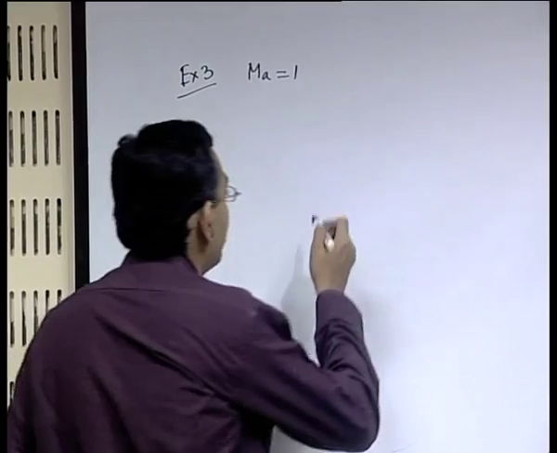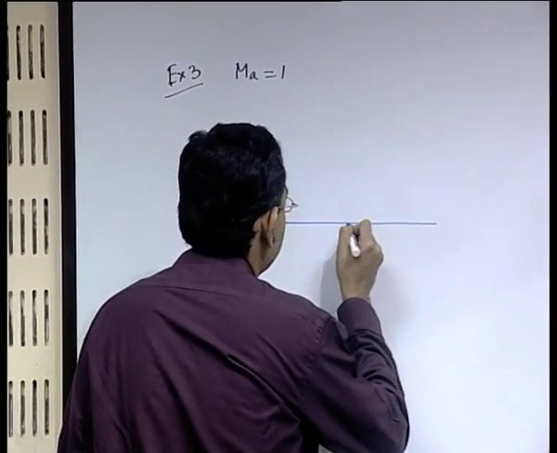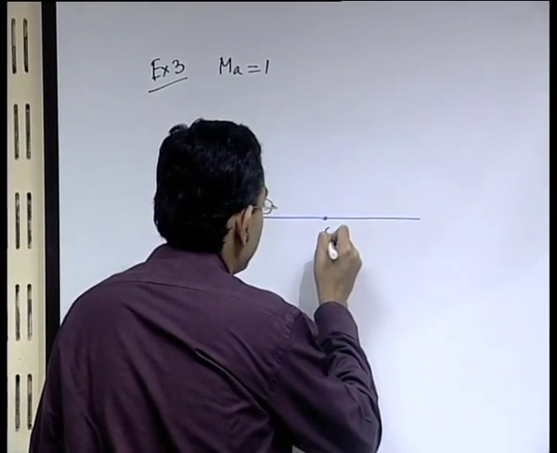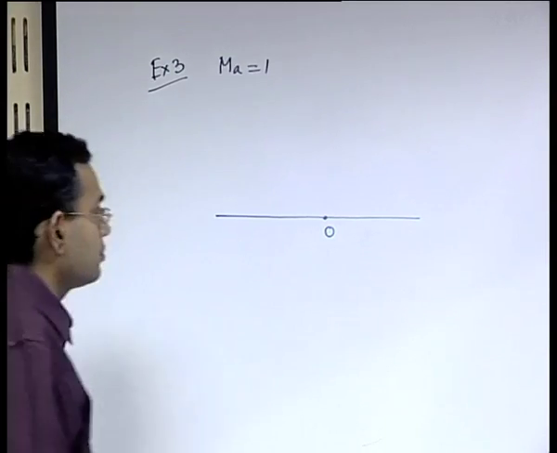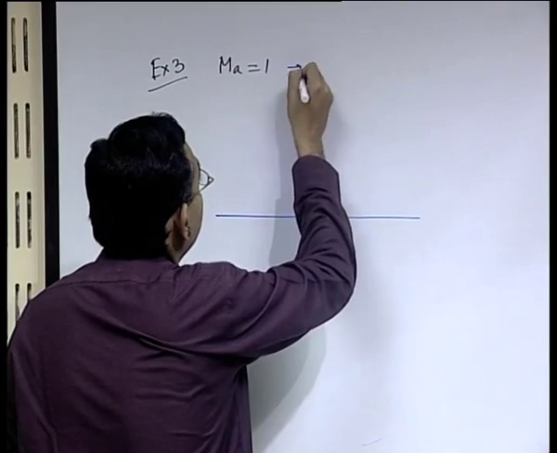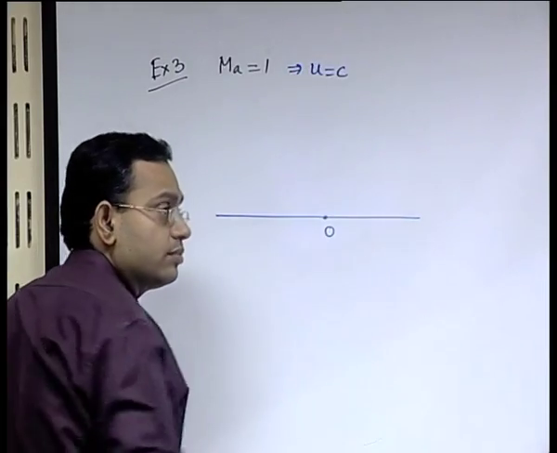So let us try to draw a similar diagram. Mach number equal to 1 means u equal to c.